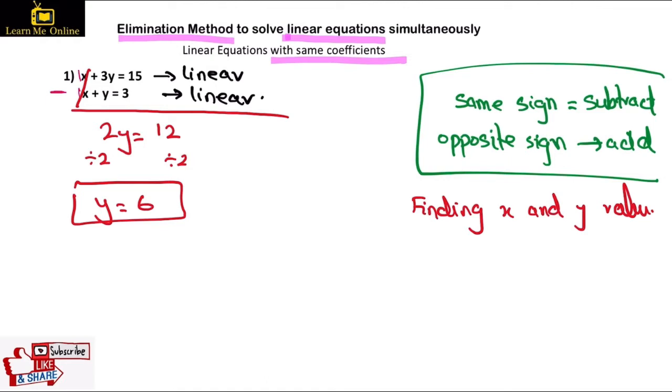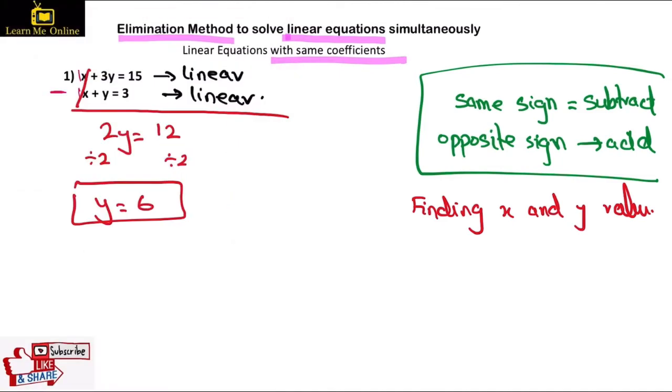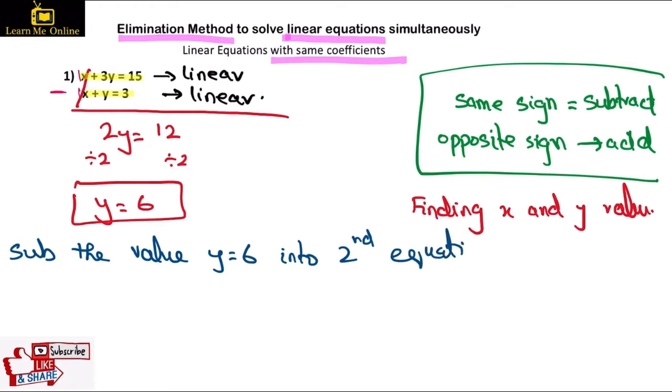So here, this is the first equation and I'm going to highlight it. This is the first equation, and this is the second equation. It seems to me that the second equation is much simpler. So I'm going to write down: sub the value y equals 6 into the second equation, which is x plus y equals 3.